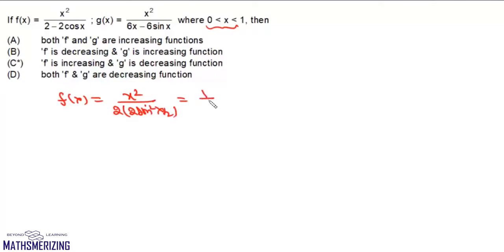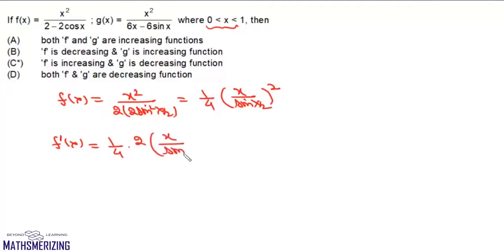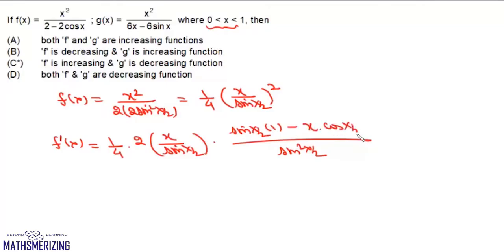We can write this as 1 by 4, x upon sine x by 2 whole squared. Now, if we differentiate this function, we can write f dash x as 1 by 4 and then 2 x upon sine x by 2 into, now here will be sine squared x by 2, sine x by 2 into 1 minus x into cos x by 2 into 1 by 2.